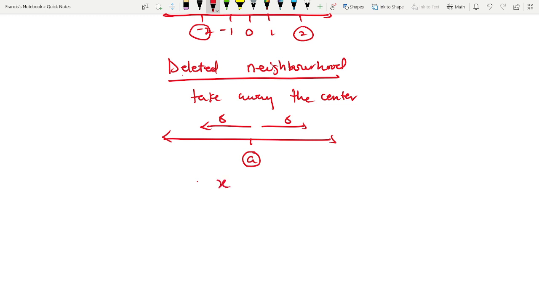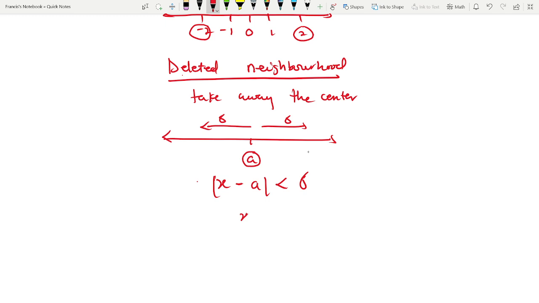Generally, neighborhood is giving us the absolute of x minus A is always less than my delta, where A is the center and delta here is the radius. At this point they are saying that we should eliminate A, meaning that at the point A it becomes 0.